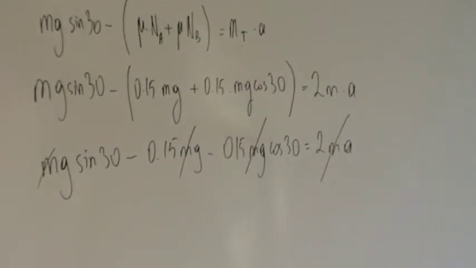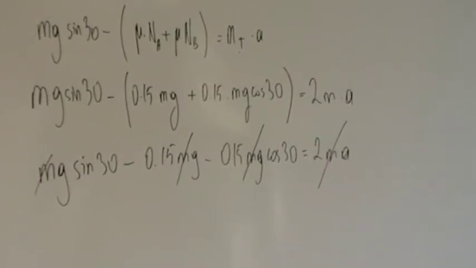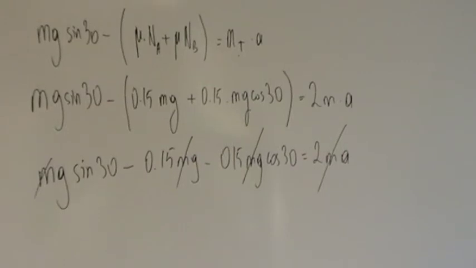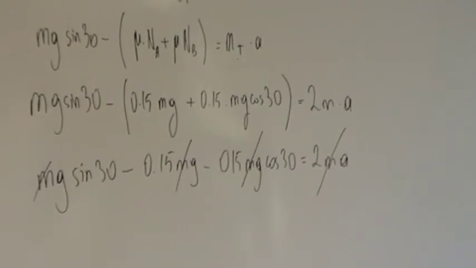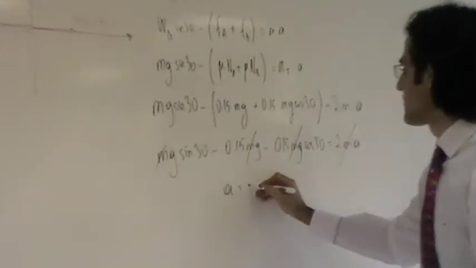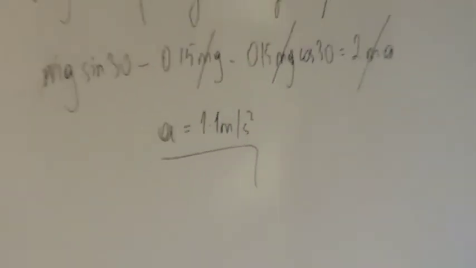9.81 sine 30 minus 0.15 and so on. When you do this calculation, you get a as 1.1 meters per second squared, which I already found in the first part.